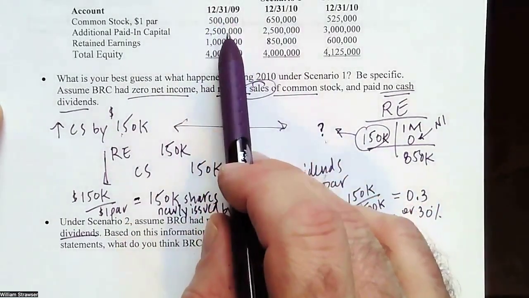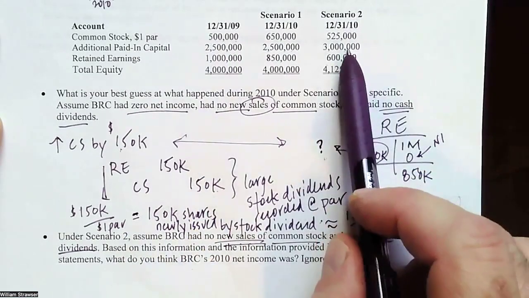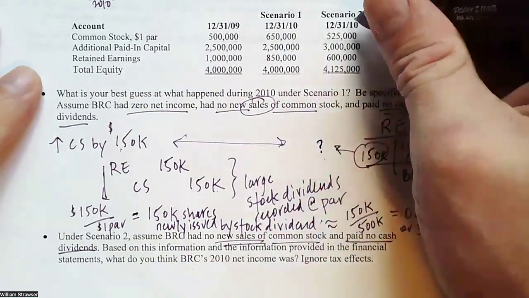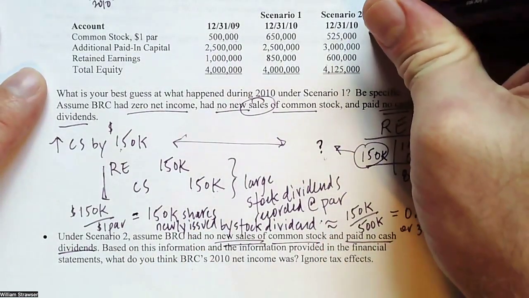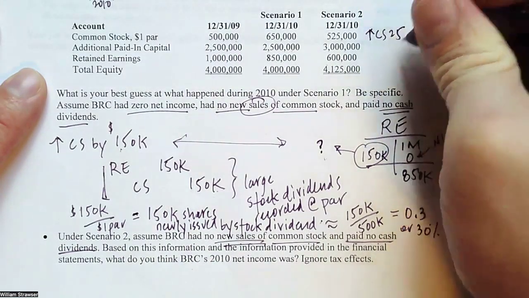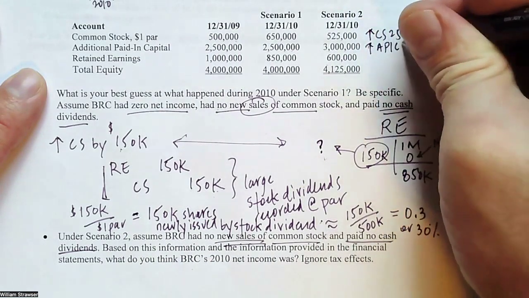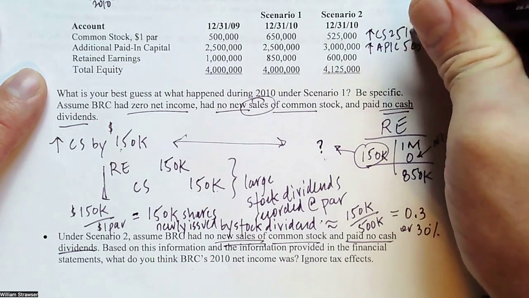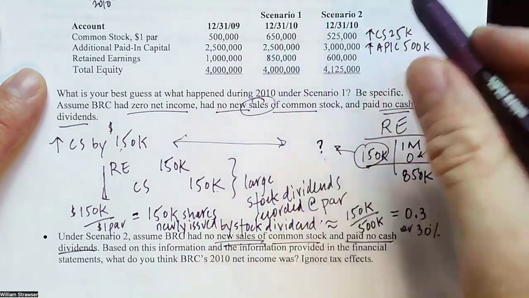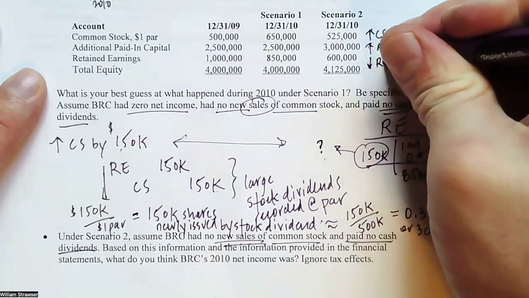Let's look at what happened between the end of the year 2009 and the end of the year 2010. So for scenario two, I had an increase in common stock by 25,000. I had an increase in APIC by 500,000. And my retained earnings dropped by 400,000.